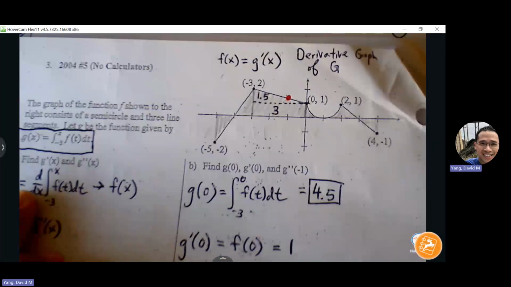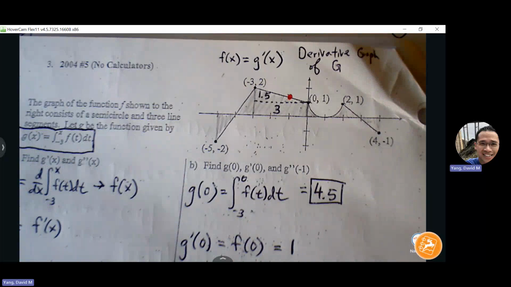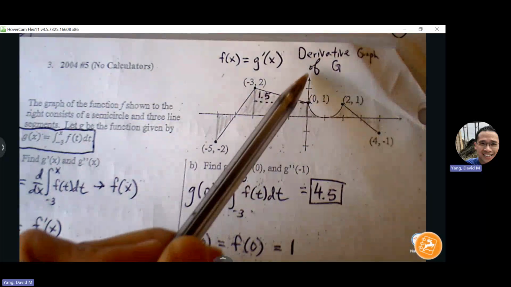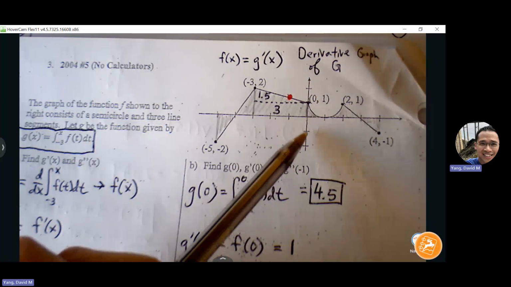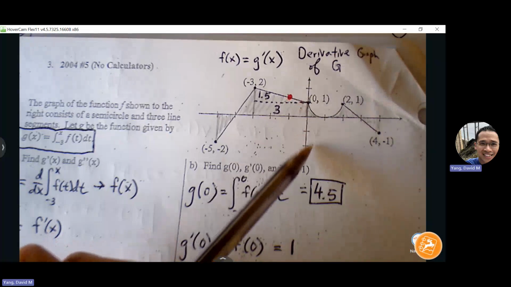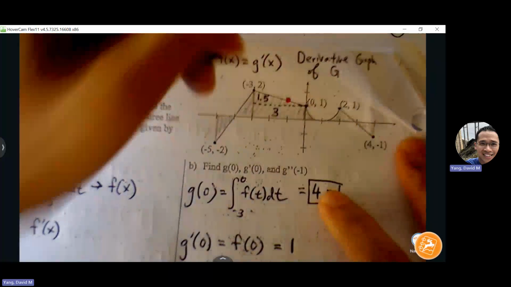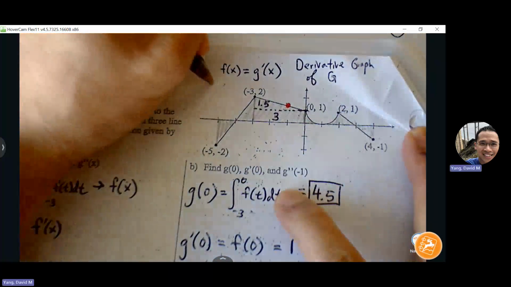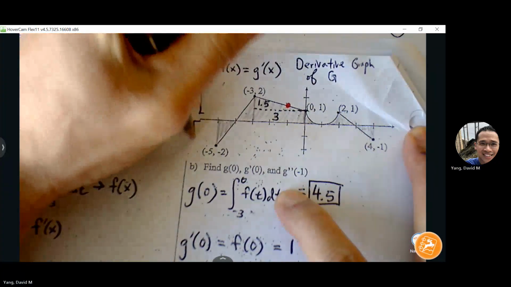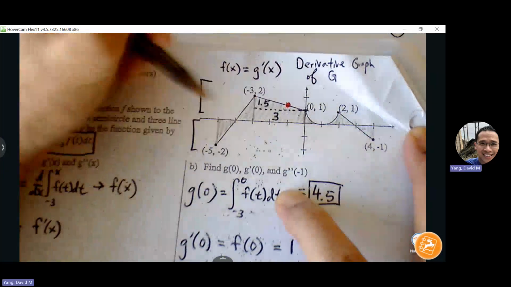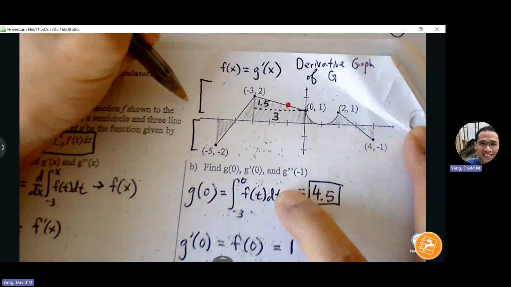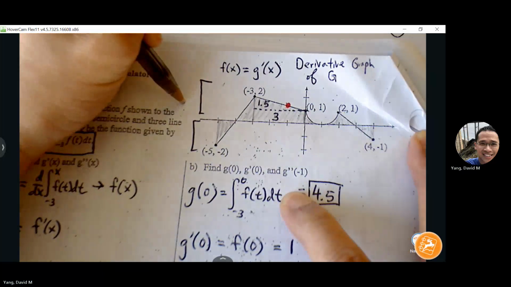If this is the derivative graph of g, if you remember from last semester, that means that this y-axis doesn't represent the y value of the g function. It represents the slope value of the g function. So to help remind us of that, I like to kind of mark up the sides of my graph here. Anything above the x-axis represents where my g graph will experience what? Positive slope.